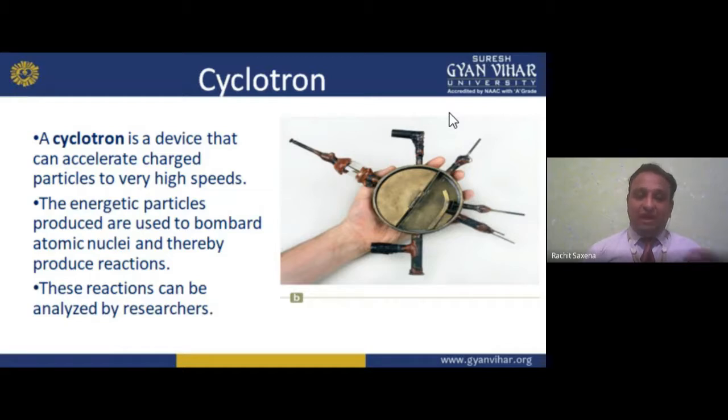Why and how does it do this? The energetic particles, the particles which have some energy in them, maybe kinetic energy, can move very easily. They are used to bombard atomic nuclei, just like in nuclear fusion, and then we can run a nuclear power plant.